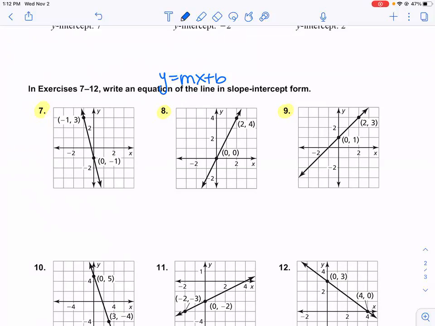We have to read the whole thing. I guess it's all three. Okay, all three of those, okay.